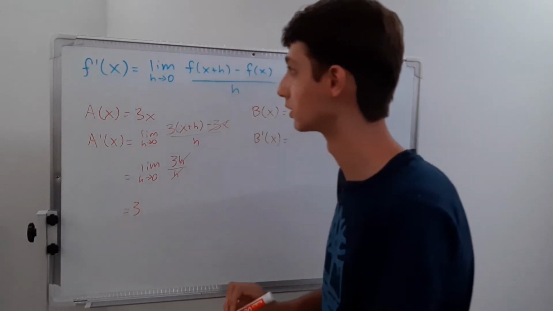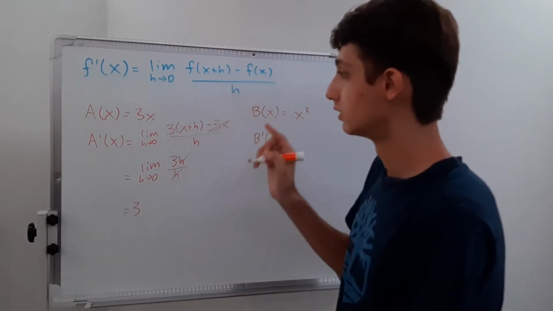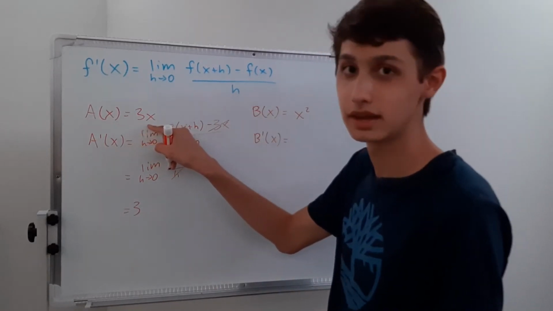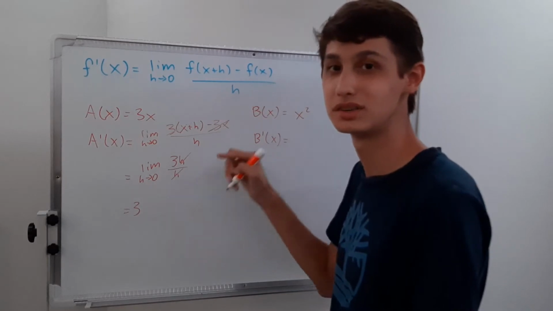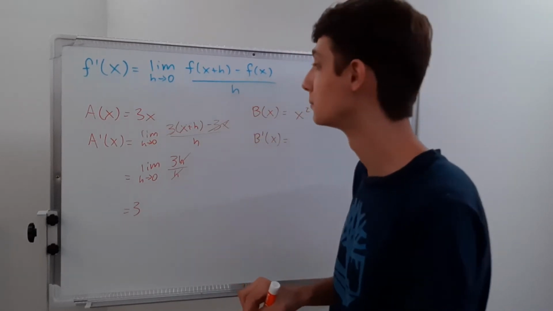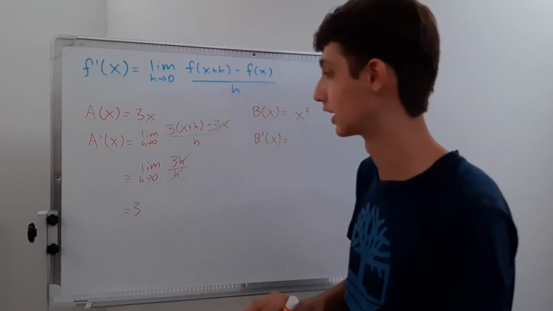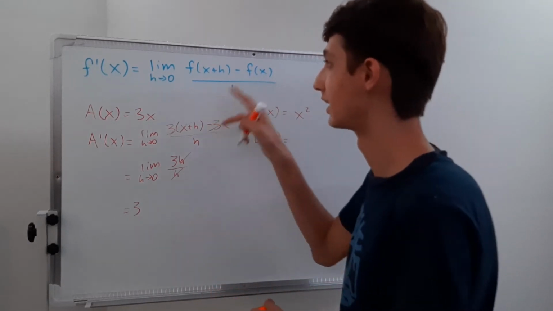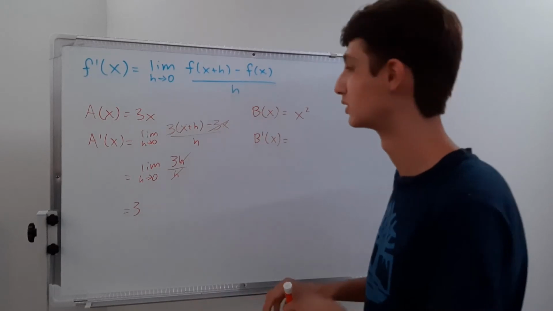We don't even have to worry about it. So notice that the derivative of a constant times x is always going to be your constant, okay? Just know that, okay? And the derivative of a constant is 0. It's kind of wacky to use the formula with it, so don't worry about it.